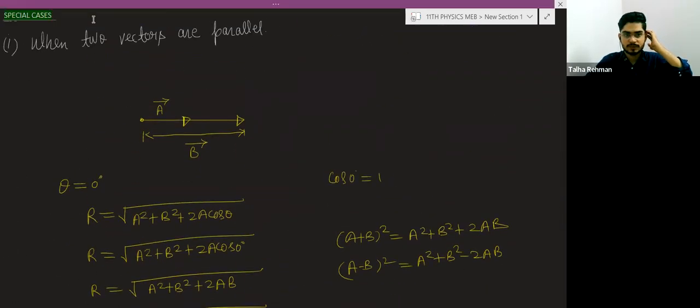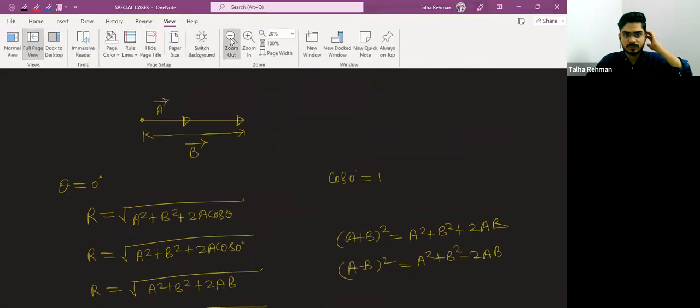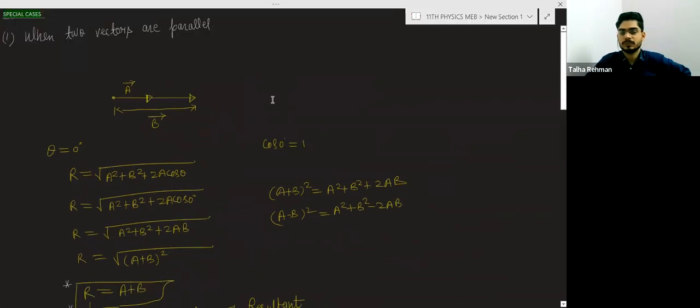Note it down. You have to just know what is the angle between the two vectors and the formula of the resultant, and put the value of theta in the formula of resultant. You will get the result automatically.